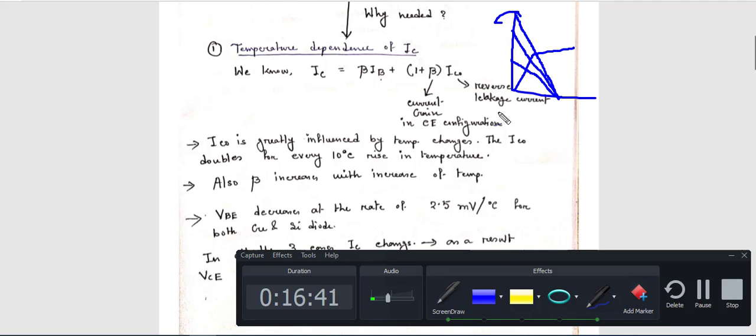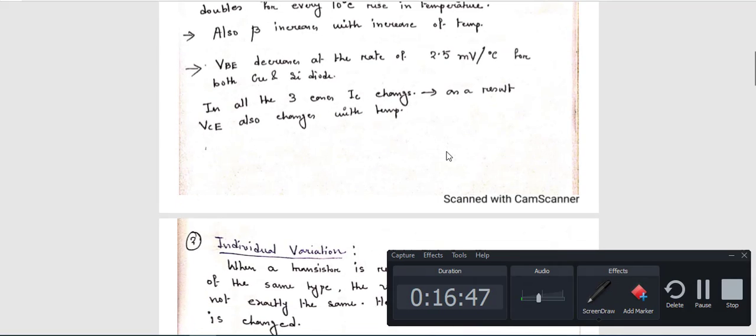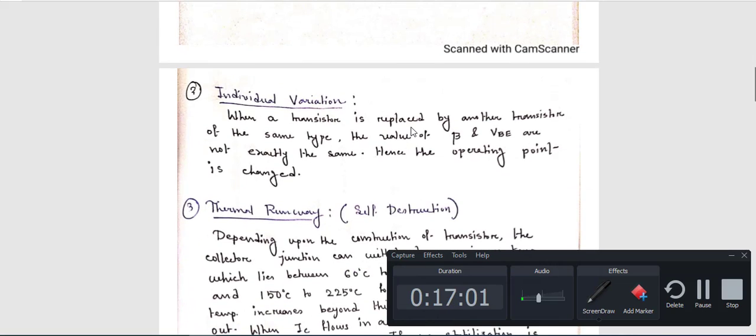That's why stability is required. That's why stabilization is required. Okay, got my point? To make the Q point stable, you require that IC should be stable. To make IC stable, you have to control this parameter variation. That's why stabilization is required.